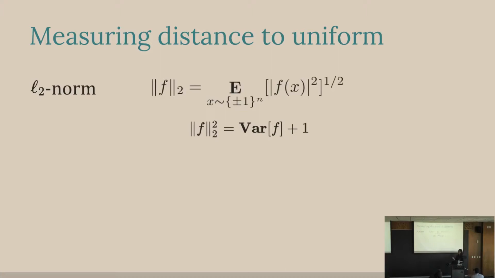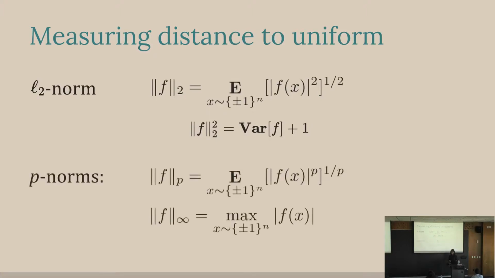It's the sum of the squared displacements at each of the coordinates, and if you take f to be a density, then the L2 norm essentially is the variance. We can also replace 2 with p at any of these points, and so we have the Lp norms, and the infinity norm is the maximum.